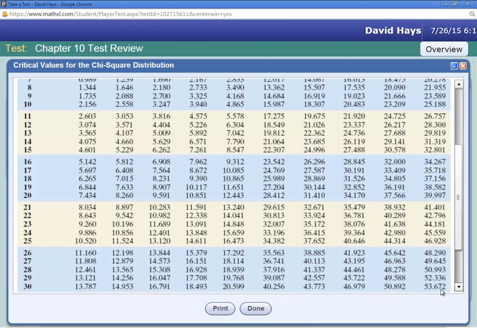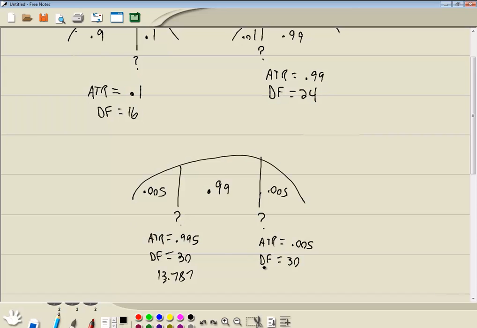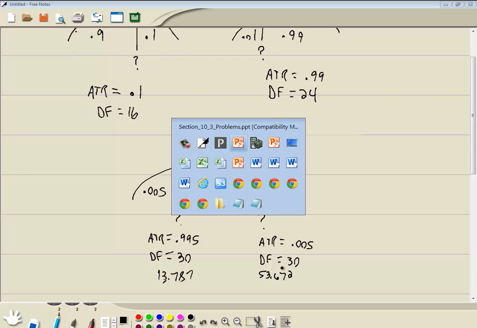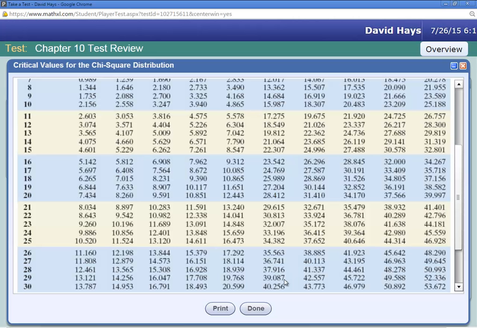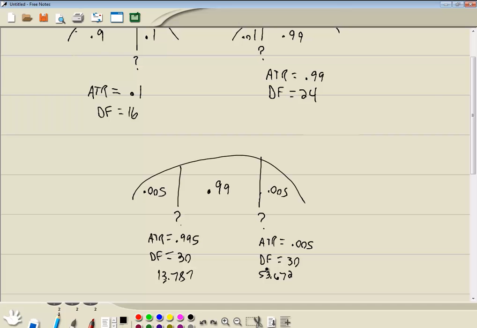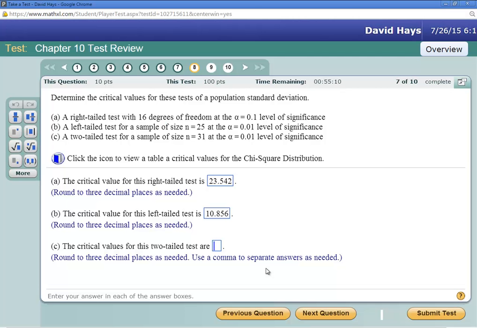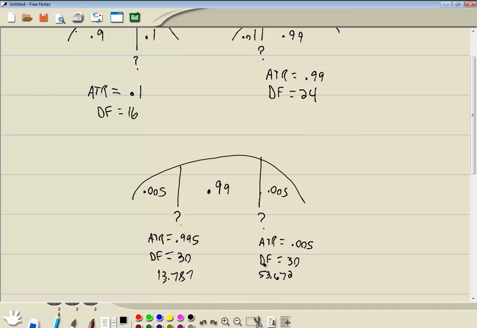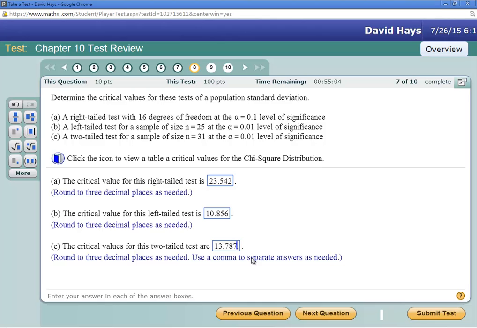Come down to 30, and we get 53.672. Let's round to 3 decimal places. 13.787, comma, 53.672. Next question.